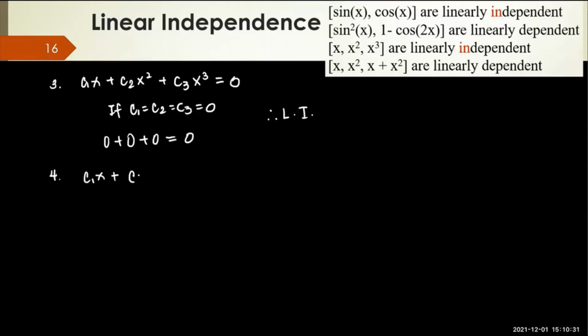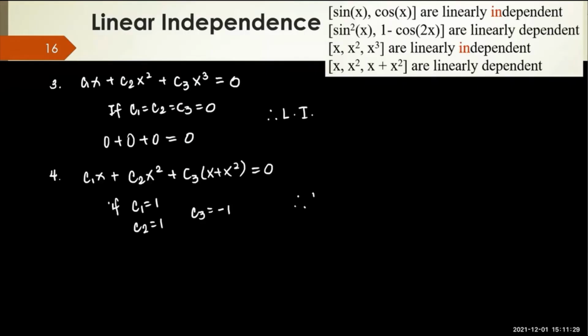C1 x plus C2 x squared plus C3 (x plus x squared) is equal to 0. You can see here that if C1 is equal to 1, C2 is equal to 1, what will C3 be so that that becomes equal to 0? Am I correct in saying that if C3 is negative 1, this combination will give me 0?